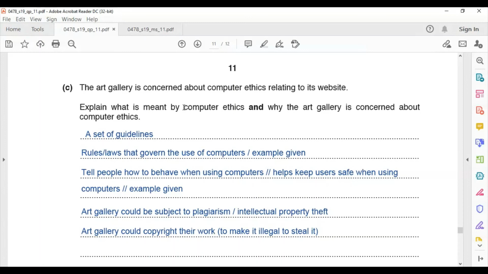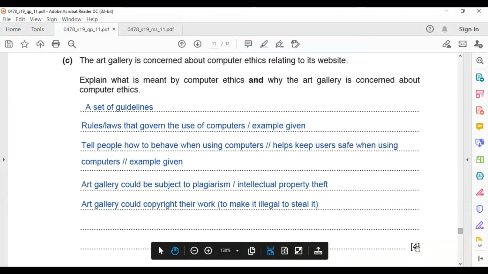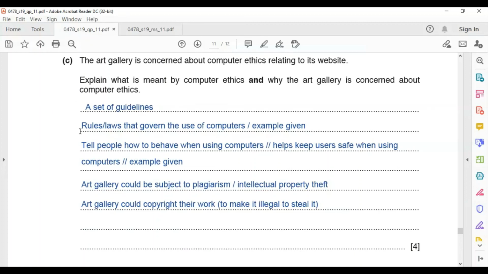The art gallery is concerned about computer ethics relating to its website. Explain what is meant by computer ethics and why the art gallery is concerned about computer ethics. So here you have to write 4 points to get 4 marks. Okay, so first of all, computer ethics is a set of guidelines. These are rules or laws that govern the use of computers. Instead of saying this, an example can also be given to prove this exact same point.